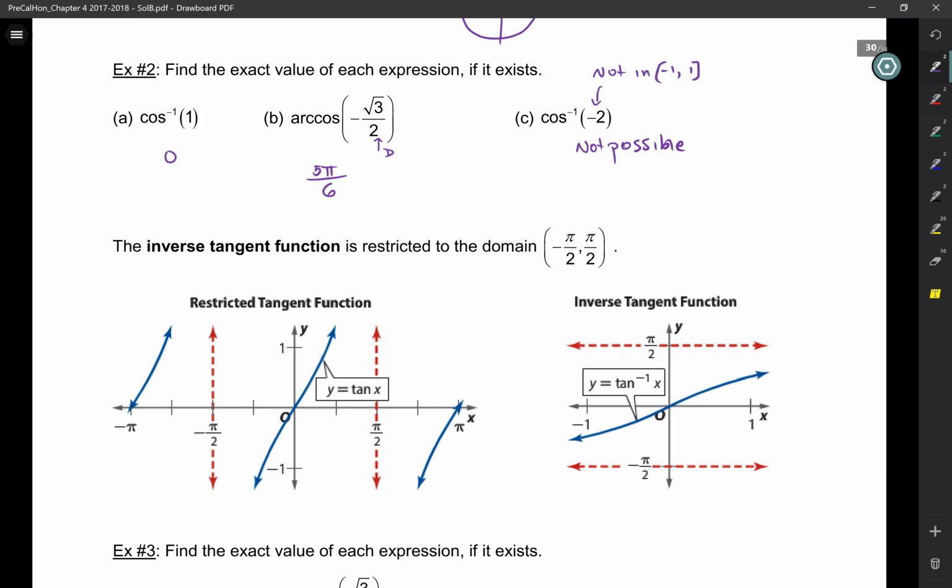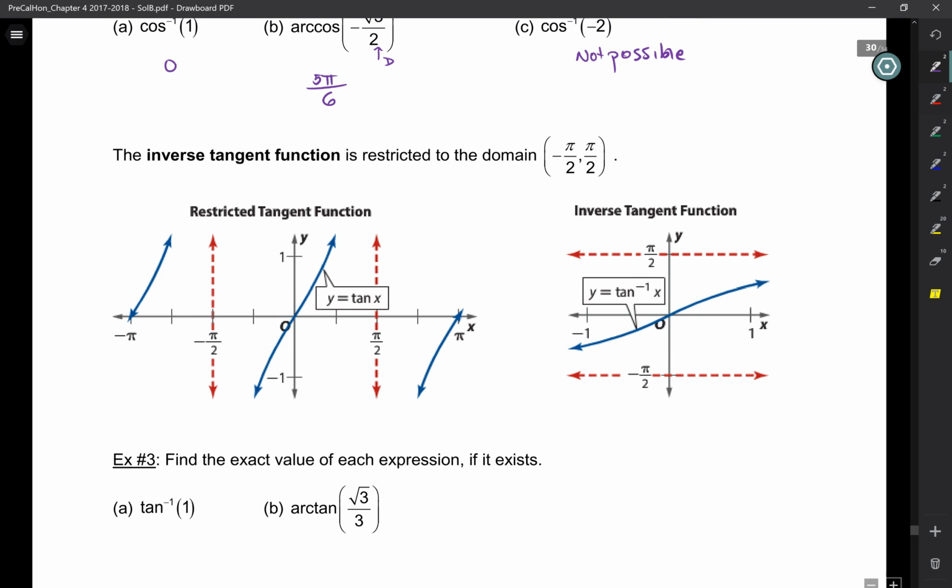So we can't hit negative and positive pi over 2. So, what quadrants will that fall in? 1 and 4 again. Negative pi over 2 to pi over 2.